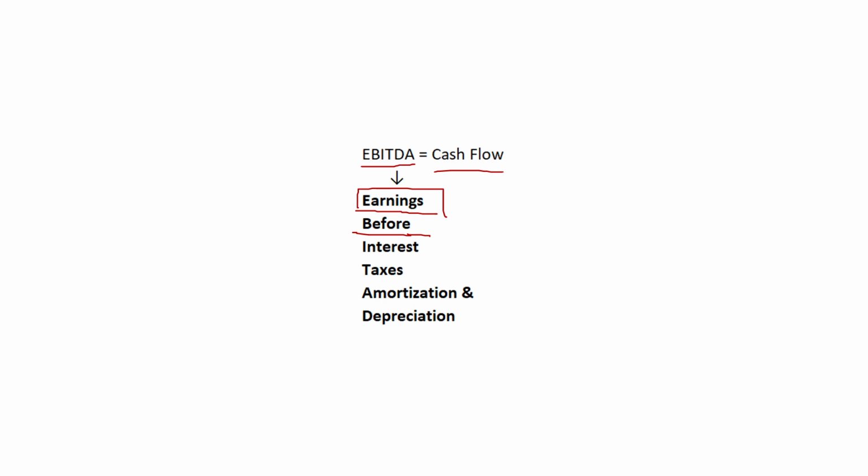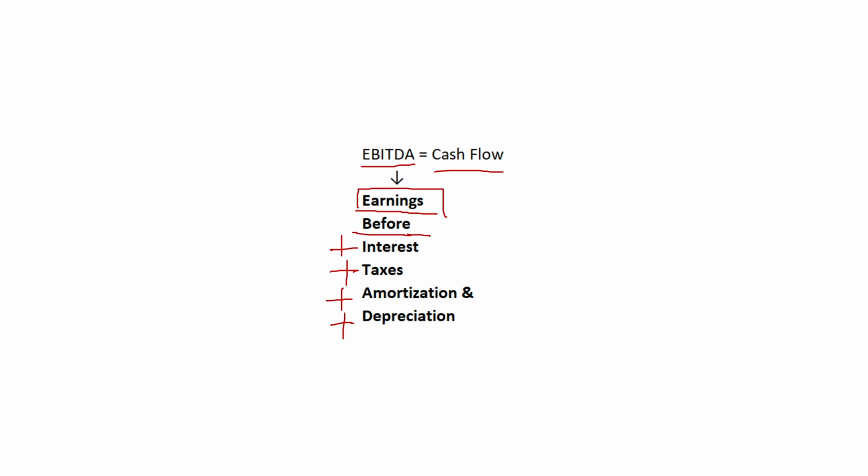So earnings before is referring to before you deducted interest, taxes, amortization, and depreciation. It means you take the very bottom net income and you add back these four things, all of which can be found in the expense line items above the bottom line.